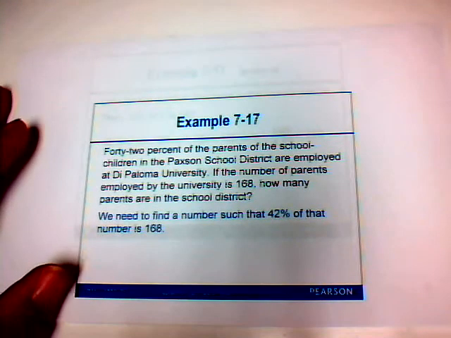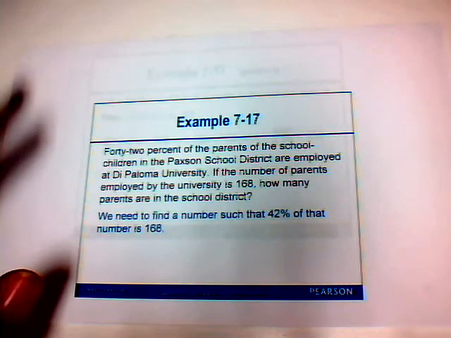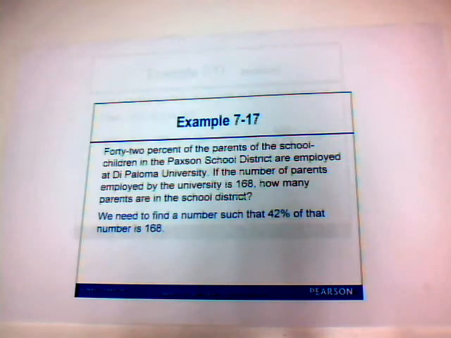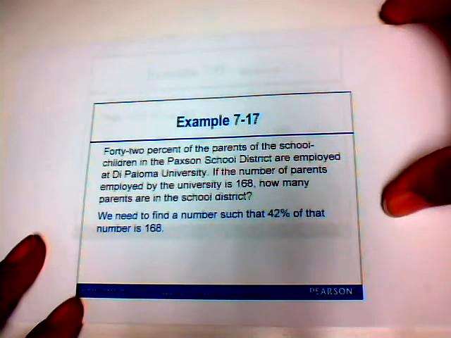Okay, this one is finding a number when a percent of that number is already given. In this case, 42% of the parents of the school children in the Paxton School District are employed at DePaloma University. If the number of parents employed by the university is 168, how many parents are in the school district? So here we want to find the number such that 42% of that number is 168.